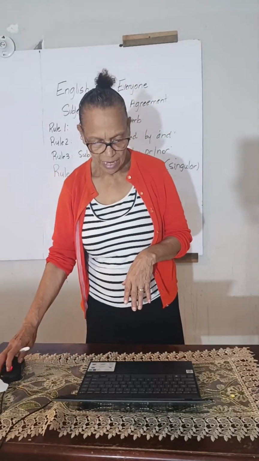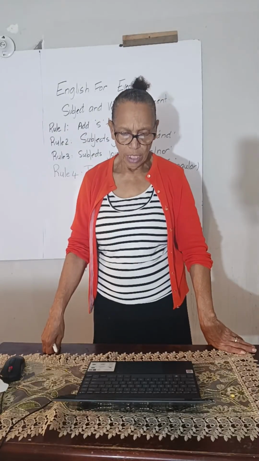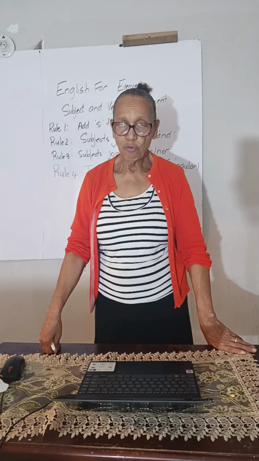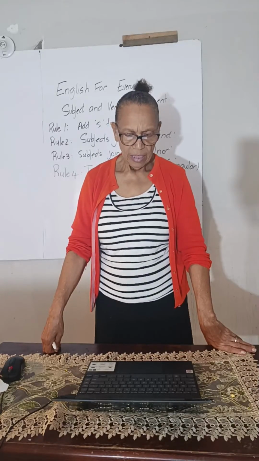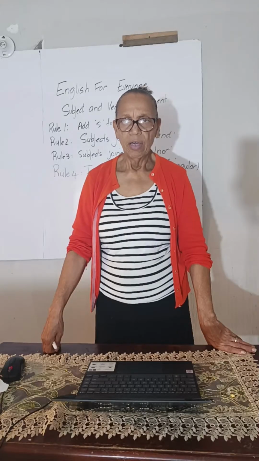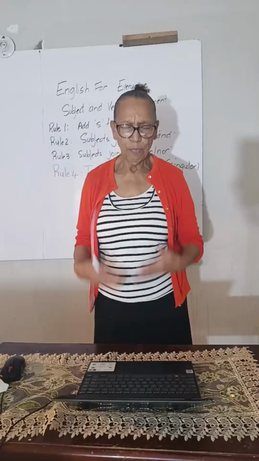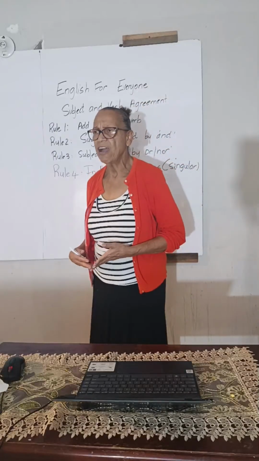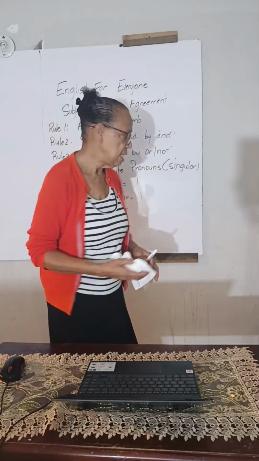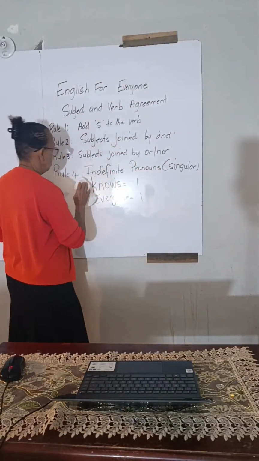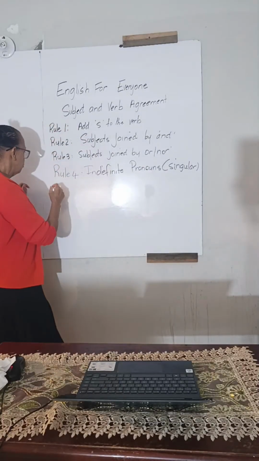Now, as I said, there are some exceptions to every rule in the English language. There are some words that are not really indefinite pronouns, so to speak, or they might be indefinite pronouns, yes, but they are slightly different. I'm going to talk about indefinite pronouns when they can be used in the plural form.